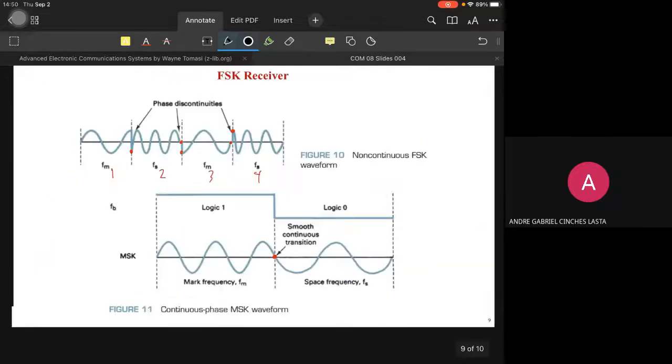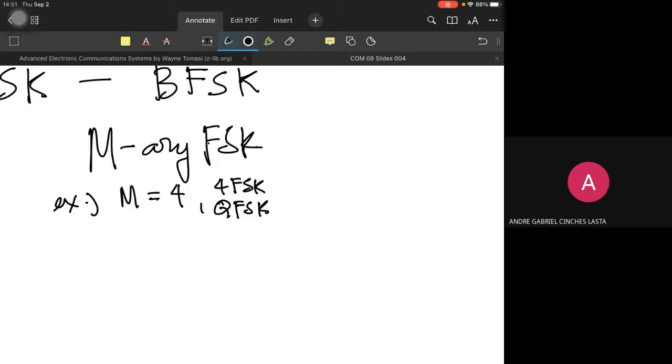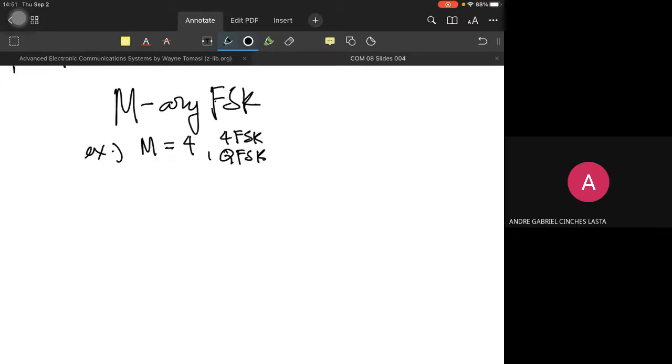But sa MRE FSK, let's say for example, our M is equal to 4. So we call that a 4 FSK or QFSK, quaternary FSK. Could we expect na upat pod kalinya sa frequency domain sa atong signal?